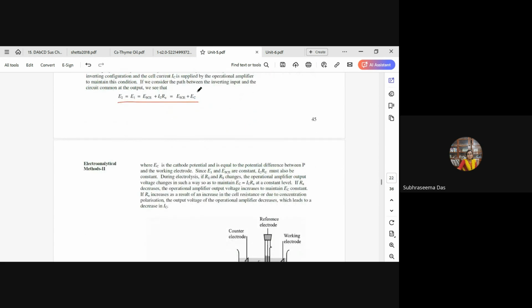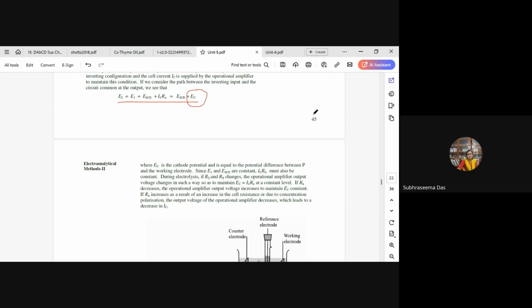Because of the very high resistance between the input and the operational amplifier, there is no current in the feedback loop to the inverting input. If we consider the path between the inverting input and the circuit output, then E2 is equal to E1, which is equal to ESCE plus EC, where EC represents the cathode potential.